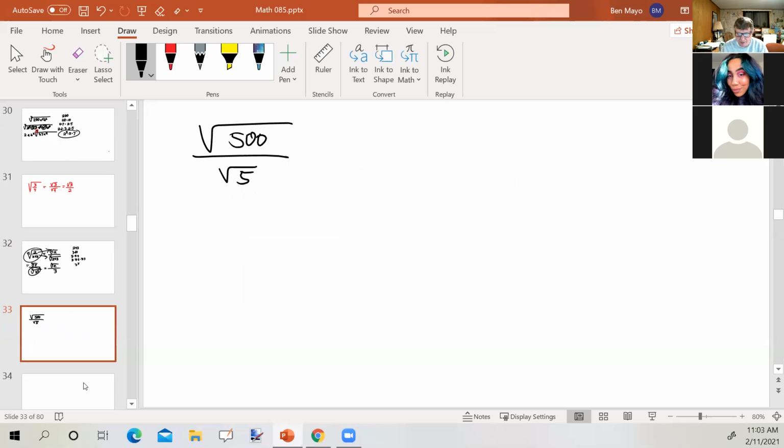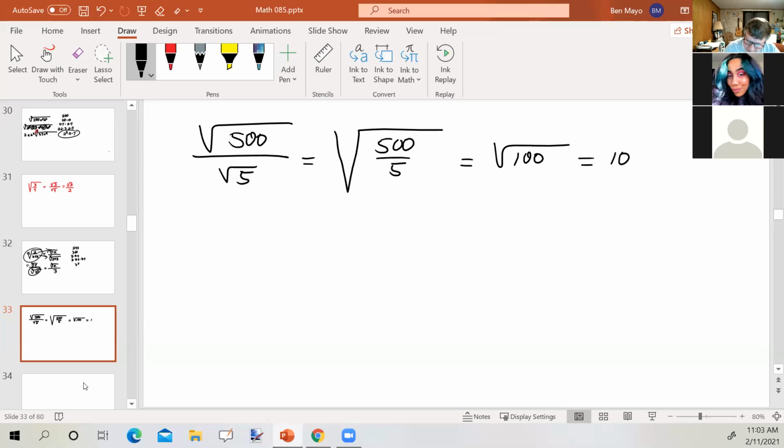They have the same index, so we could now put them as a single radical written with a fraction inside. Why would I want to do that? Because now inside I can reduce that down. 500 divided by 5 is 100, and the square root of 100 is 10.